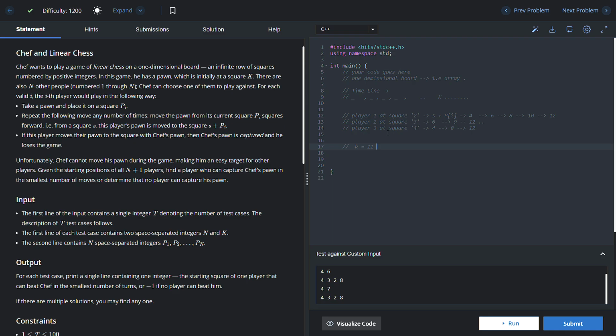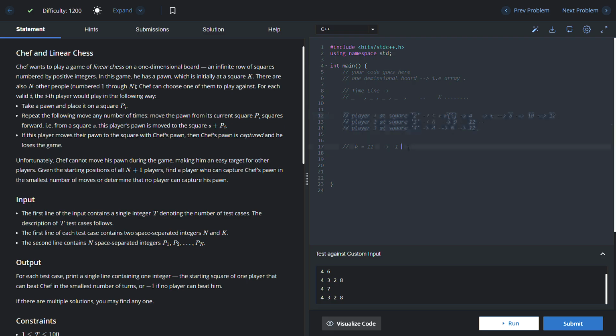Similarly for the third player, he is also unable to catch the chef's pawn because it's in a position where they cannot catch it. They will just skip that position. So in that case, we have to return -1, because no player is able to catch the chef's pawn.